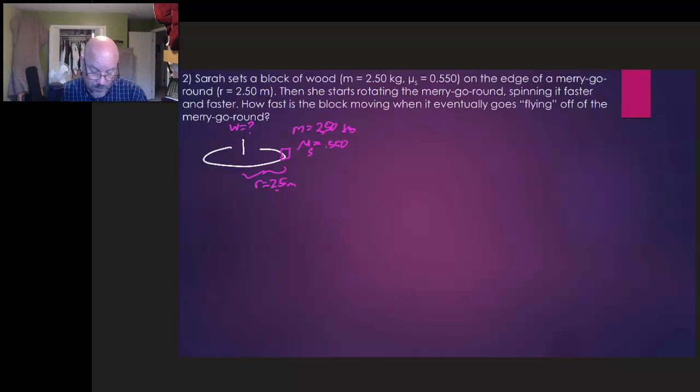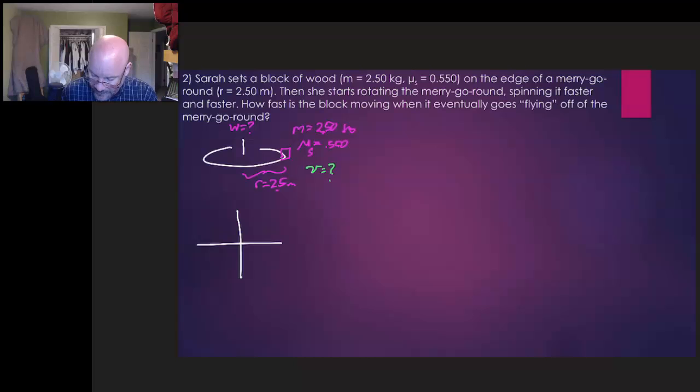And that's all we got. I'm going to put our target on there just so we don't forget. What we're actually looking for is how fast is it going to be going once it takes off? All right, so free body diagram.